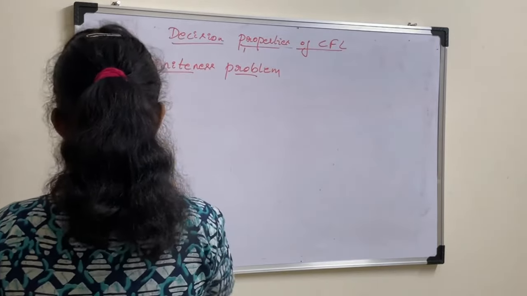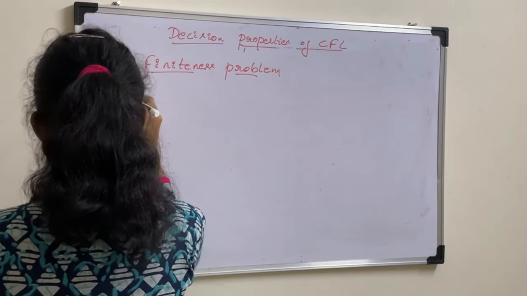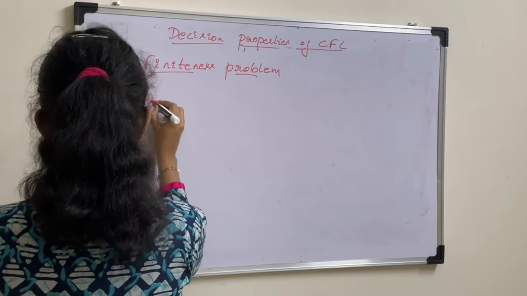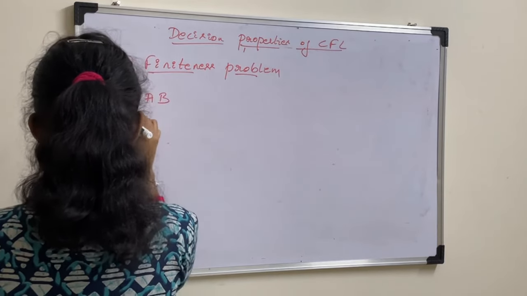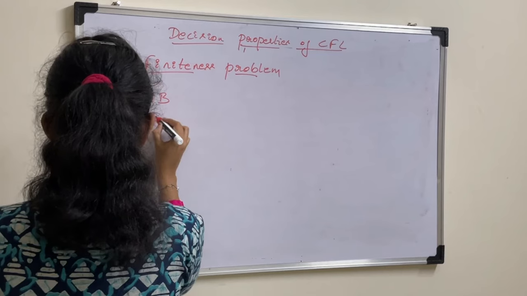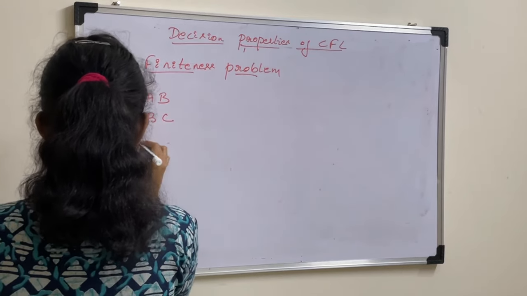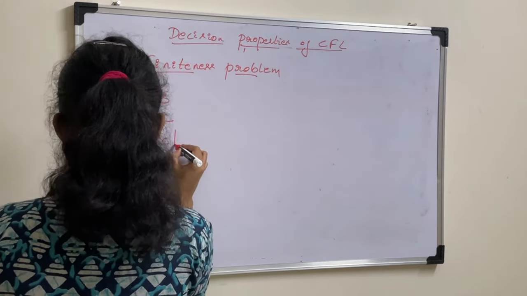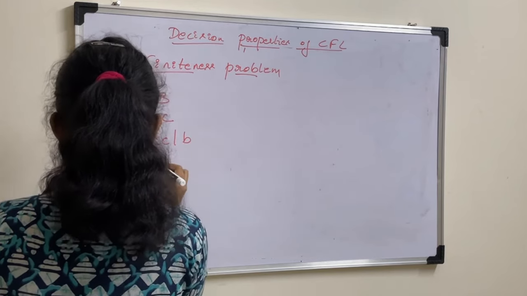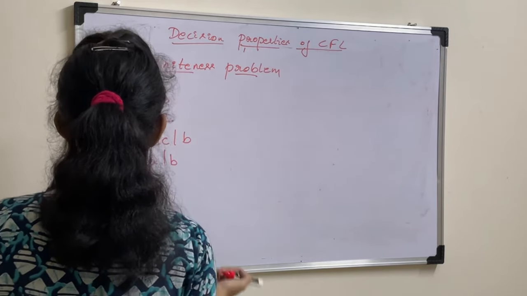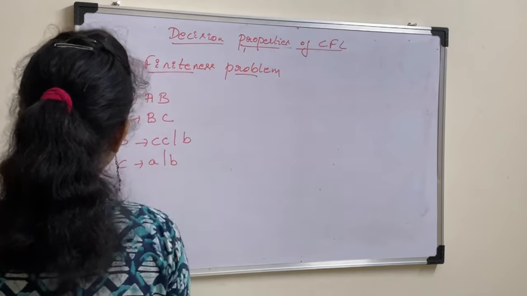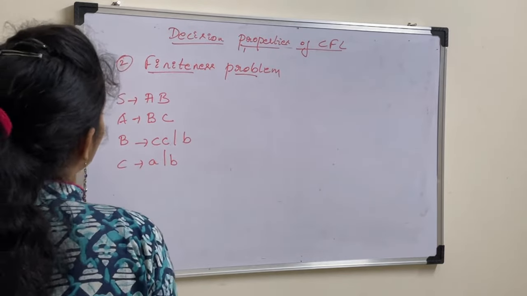So let us take one grammar, the grammar which we considered before. S derives AB, A derives BC, B derives CC or b, C derives small a or small b. Take this grammar. What is step 1?